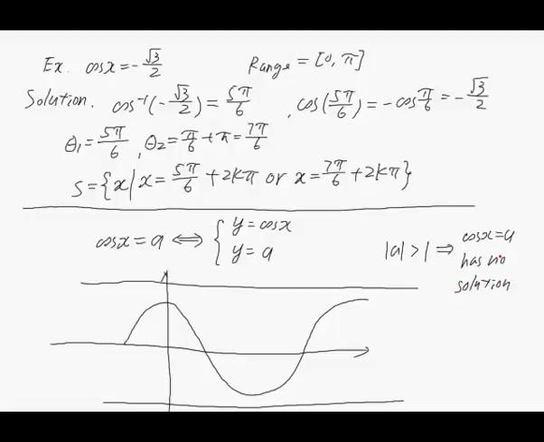Actually, the value a is out of the range of cosine x, its range is between -1 and 1. But if the absolute value of a is less than or equal to 1, then this equation has a solution, right? And we just went over several cases for the value of a.